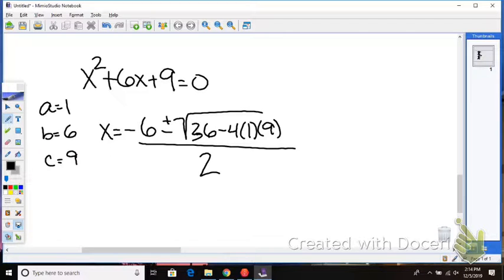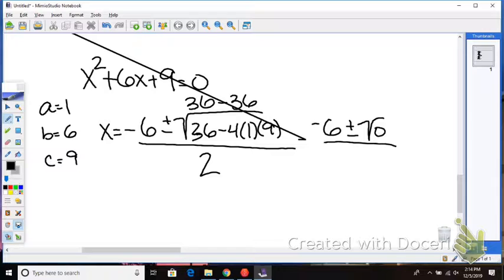Okay, inside here I have 36, and then I have -4 times 1 is -4, times a 9 is -36. So 36 minus 36 is 0. So we get -6, plus or minus the square root of 0, all divided by 2. Square root of 0 is just 0.